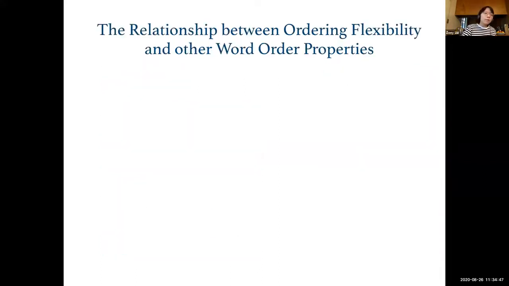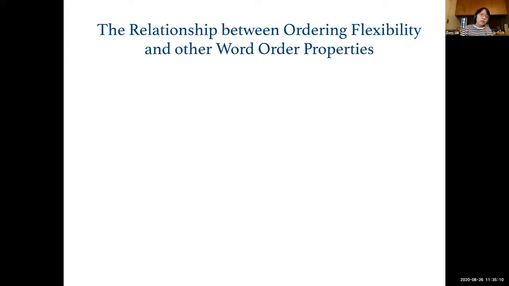So personally, I think there's a gap in the literature on systematic studies of ordering flexibility. In particular, previously, when people were trying to talk about ordering flexibility, the data they used were either constructed by grammarians or came from small scale corpus data.